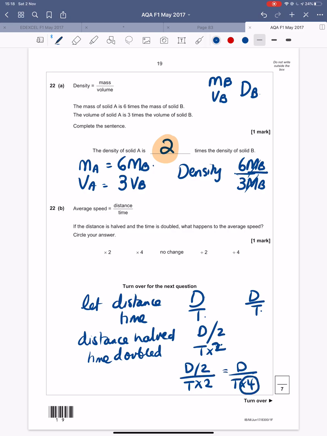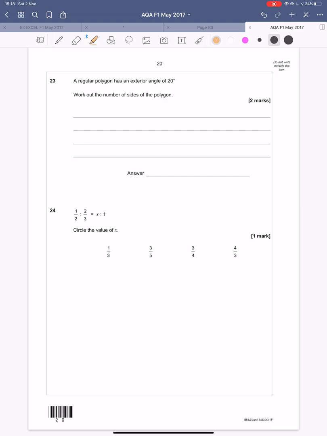So if we divide by 4 in the denominator, divide by 4 is the final answer. Distance is halved, time is doubled, so the speed goes right down. And that makes sense, because you're doing a smaller distance and taking a lot longer. So with those particular halves and doubles, it's divided by 4.